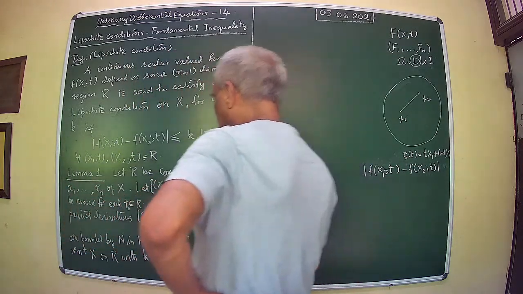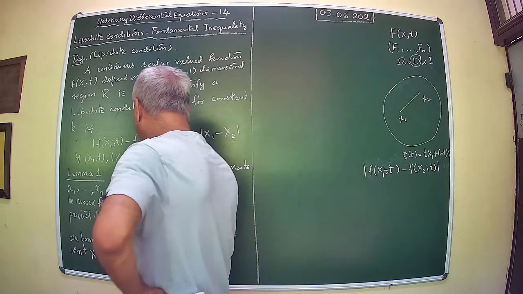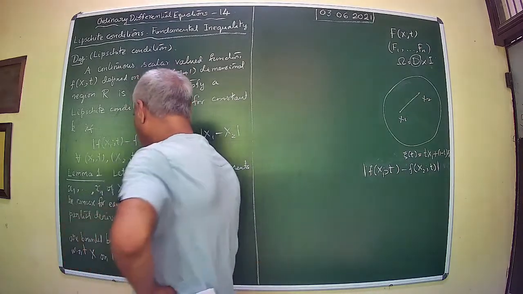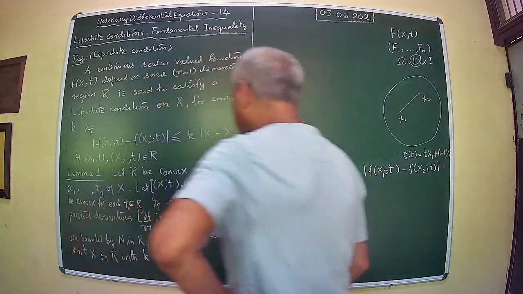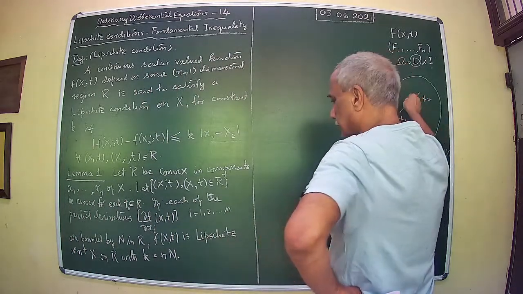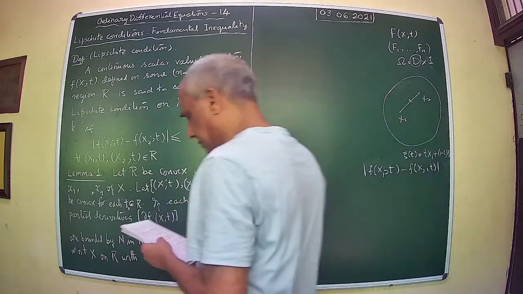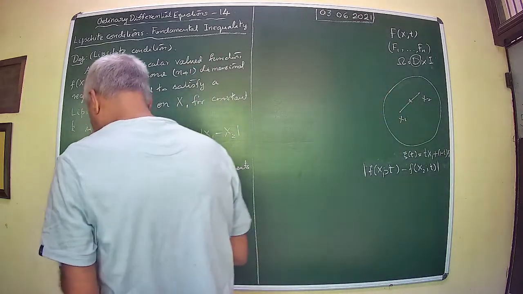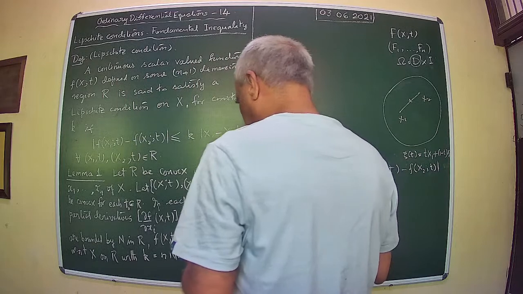Each one you are assuming is bounded by n on R, and then you can show that this is satisfying the Lipschitz condition. And you will have to take some intermediate value here and take the point. So that is something that I hope you would work out.